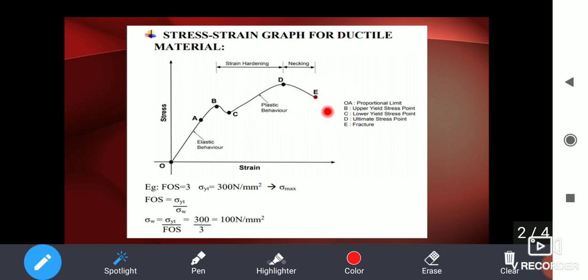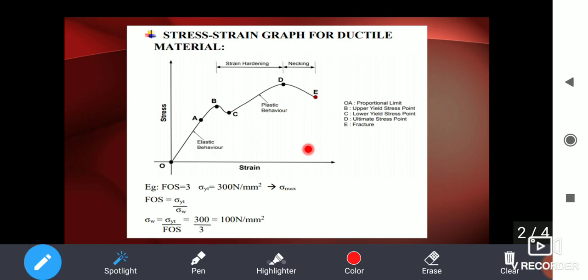So the important thing to note is that when ductile material reaches its maximum stress value, after that it can break at any point. So the maximum stress for ductile material is called the yield stress.